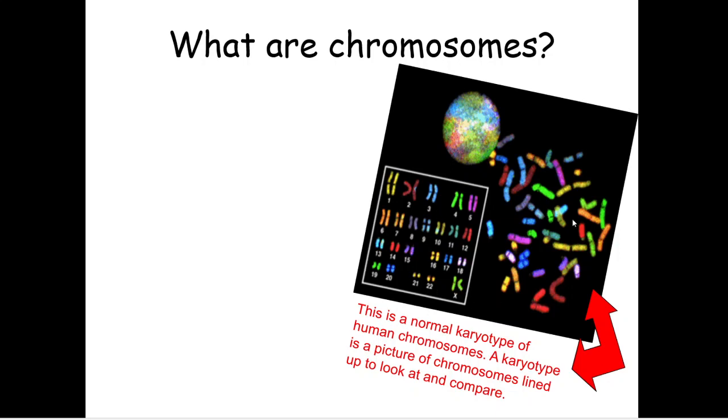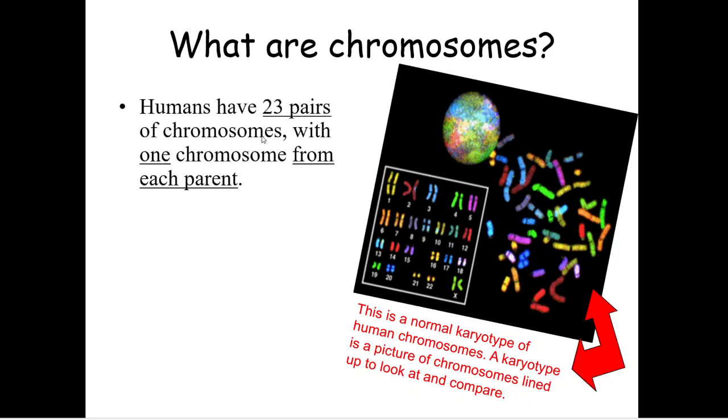A karyotype is just a picture of chromosomes lined up to look at and compare. We can look at how long they are and see how they match. You see they're kind of different colors. They get really pretty. Okay. Humans, remember, have 23 pairs of chromosomes, with one chromosome from each parent. Remember when we talked about that in mitosis?